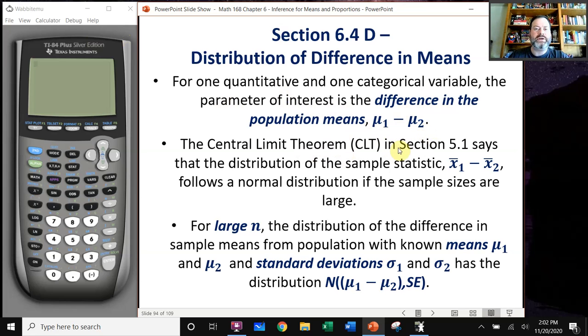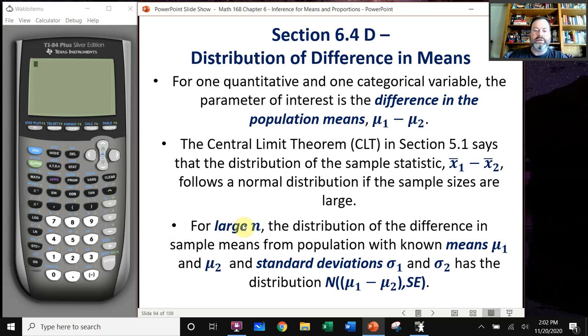The central limit theorem that we've talked about a bunch so far from chapter 5 says the distribution of the sample statistic, x bar 1 minus x bar 2, follows a normal distribution if the samples are large. And we're going to see what a large sample means here in this section in a bit.